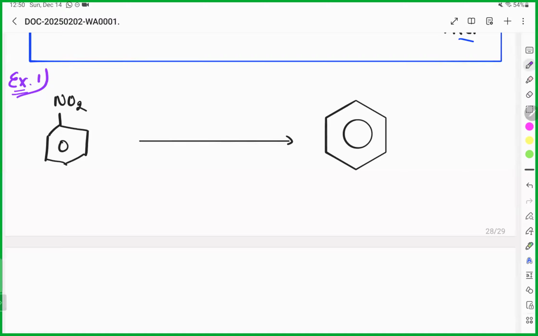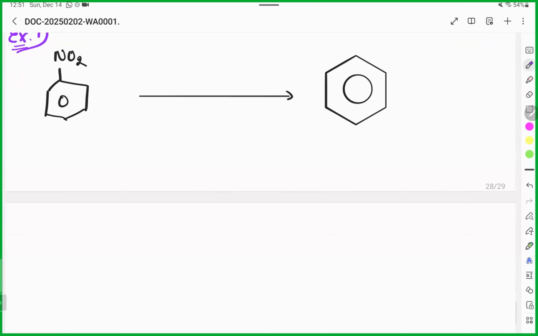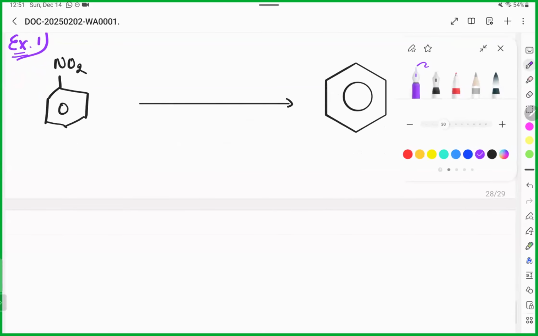You have to convert nitrobenzene into benzene. How can you do this? Okay. Do it and send me your answer. All of you.